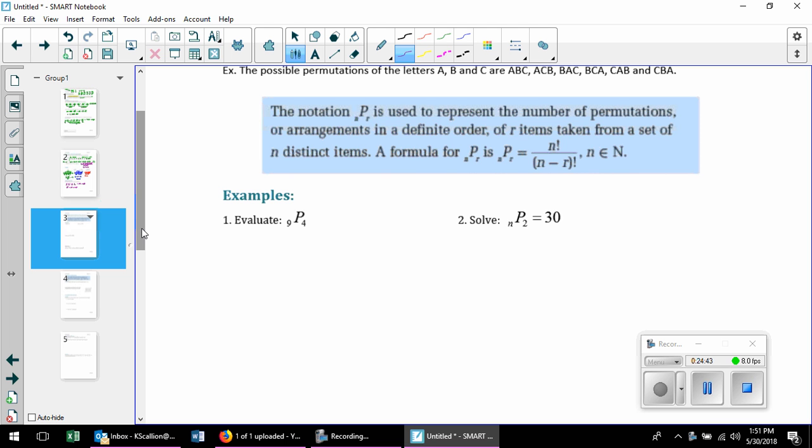So if I'm going to do this, I need to know that the first one comes in alphabetical order: n, r. So I would put these in the formula.